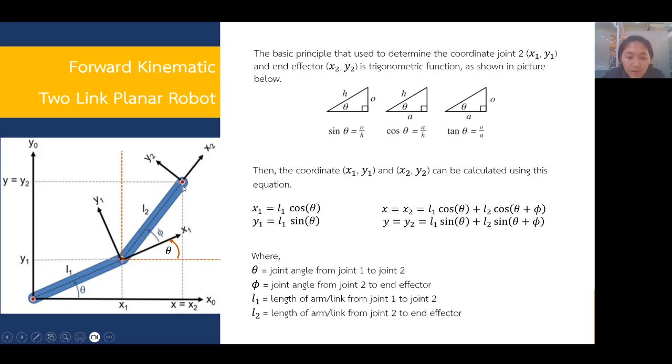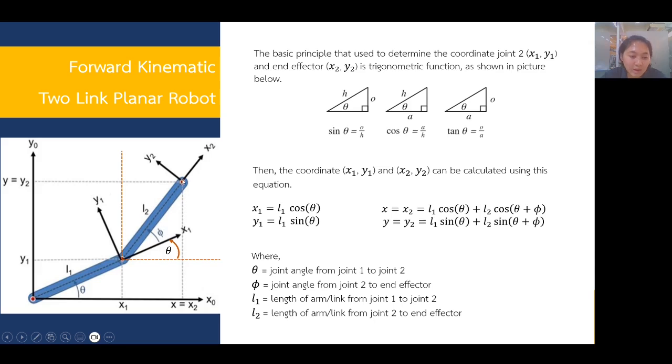And then we can see here the coordinate x, which is x2, is equal to L1 multiplied by cos theta plus L2 multiplied by cos of theta plus pi.